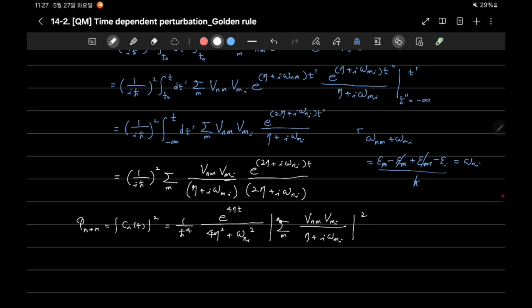So after making the summation over all the m, we should take the complex conjugate square. Then ω_ni means ħ squared ω_ni squared, which is (ε_n minus ε_i) squared.